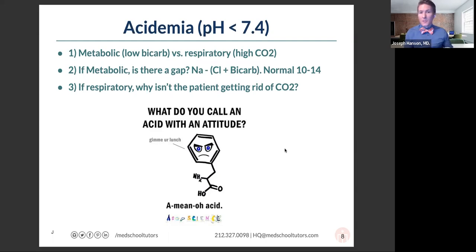And so think of CO2 as a respiratory acid on the one side and bicarbonate as a metabolically controlled base on the other side. So we have our acid and we have our base, and we can pull each lever independently of one another in order to fix whatever the underlying problem is. Focusing on acidemia first, which means our pH is less than 7.4. Notice we say 7.4 here just because the exam very classically will have 7.4 as the median value. I recognize that technically a pH of 7.37 is normal.